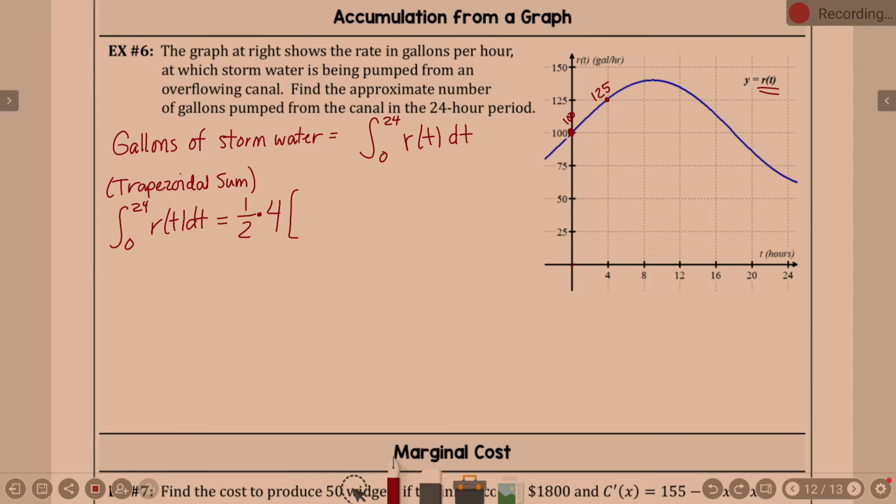Pretty obvious, 125. The next is in between 125 and 150. I would say a little bit past the halfway mark, maybe 130. I've written down 135 in my notes.